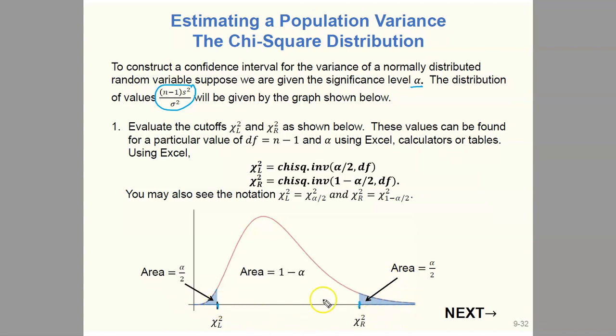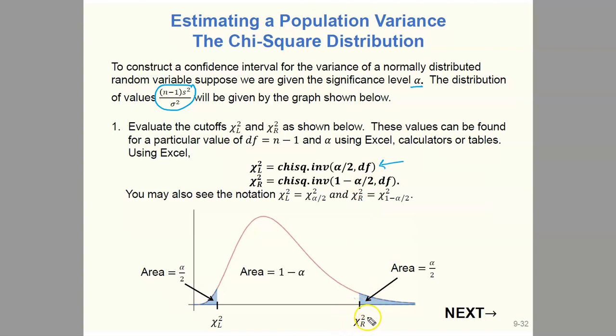Now to evaluate these numbers using Excel, we could type in this command for the left cutoff: CHISQ.INV, that's for chi-square inverse, parenthesis alpha over 2, comma, and then our degrees of freedom, which is n minus 1.